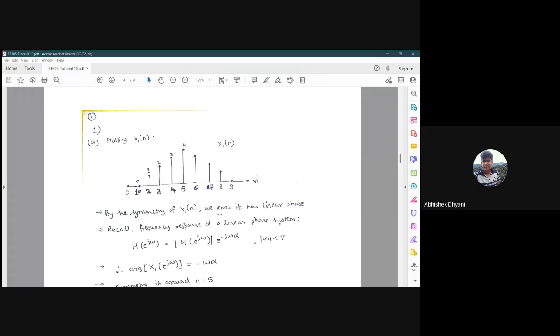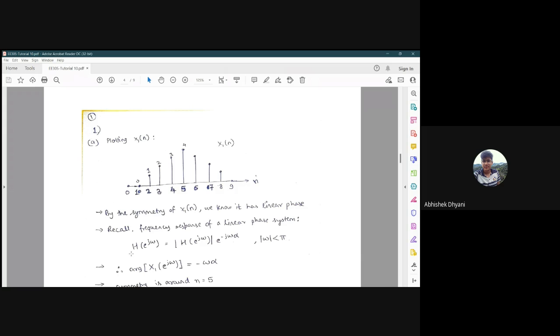Now, for linear phase systems, the general form is given by this. This is the Fourier transform, which is some magnitude H(e^{jω}) times e^{-jωα}. So you can see that the phase is minus omega alpha, for minus pi to pi.